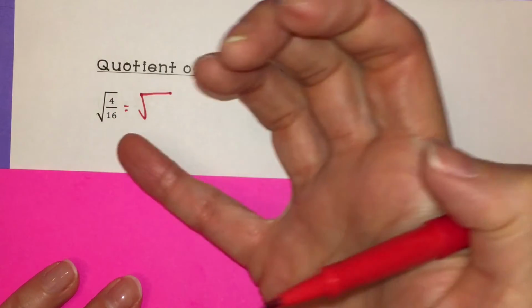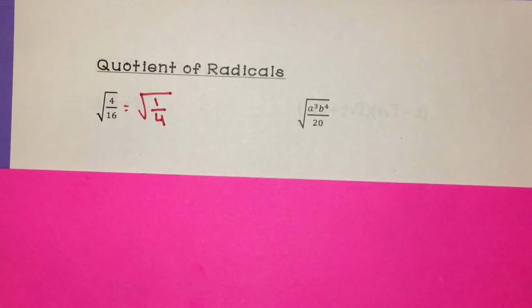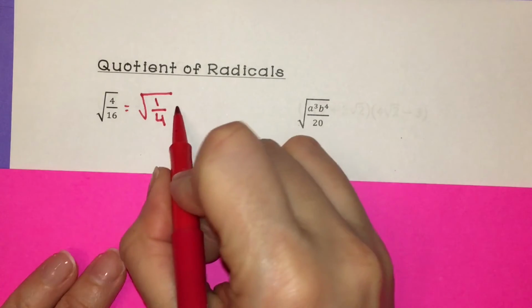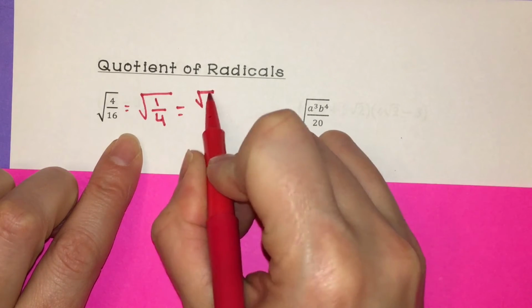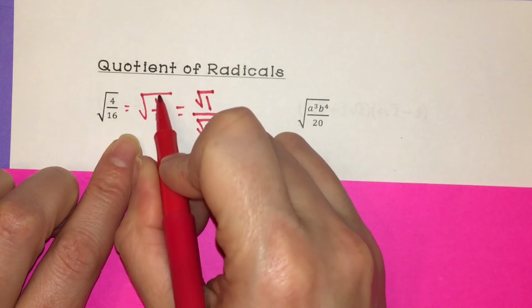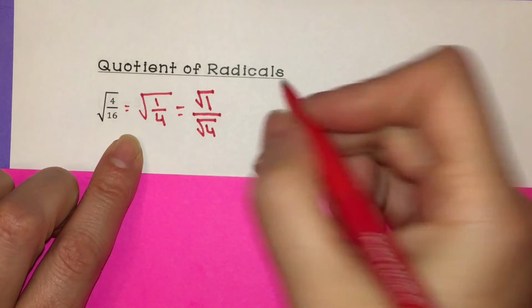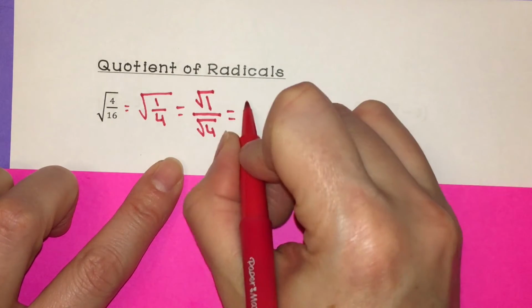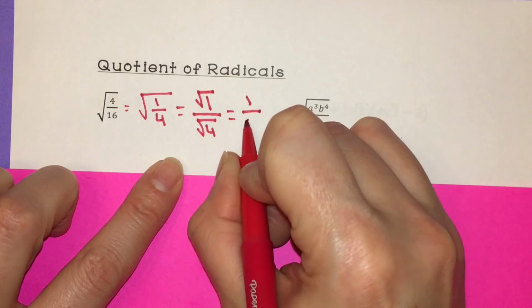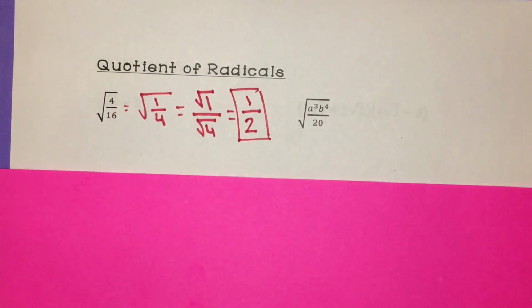I can divide top and bottom by 4, and we get 1/4. Okay, so you can reduce this even more. We're going to take the square root of 1 over the square root of 4. So you're going to take the square root of the top and the bottom individually to reduce it further. So this gives us square root of 1 is 1 over the square root of 4 is 2. So our answer is 1/2.